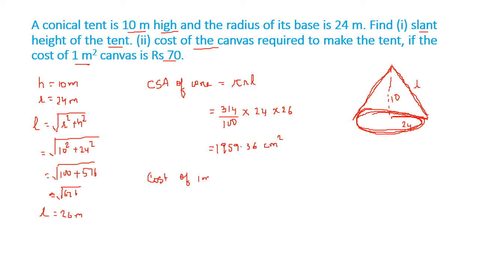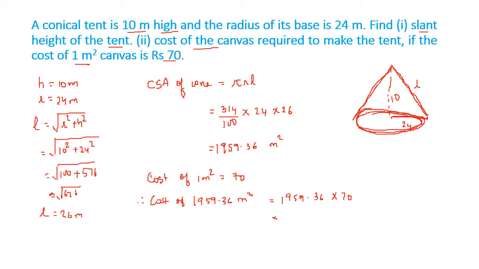Now the cost of 1 meter square is rupees 70. Therefore the cost of 1959.36 meter square. Sorry, it's not centimeter square, it's meter square. So we'll multiply by 70. So you get 1959.36 into 70.